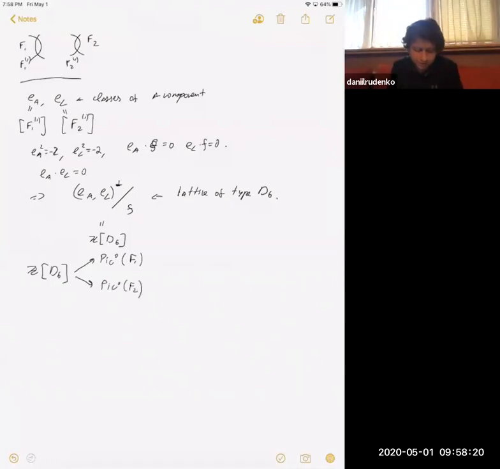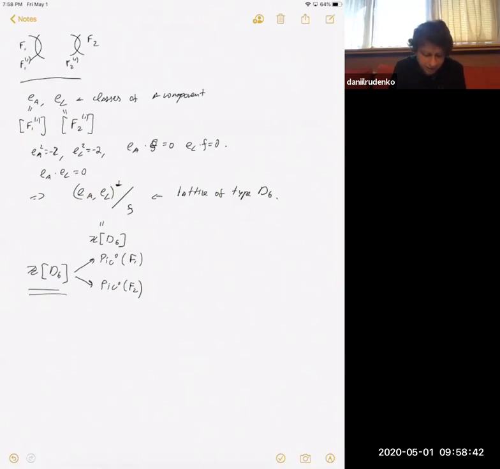So what does this map look like? Abstractly speaking, it's just a restriction map. This lattice, after all, elements here are represented by invertible sheaves on the surface, and one can just restrict them to the corresponding curves.